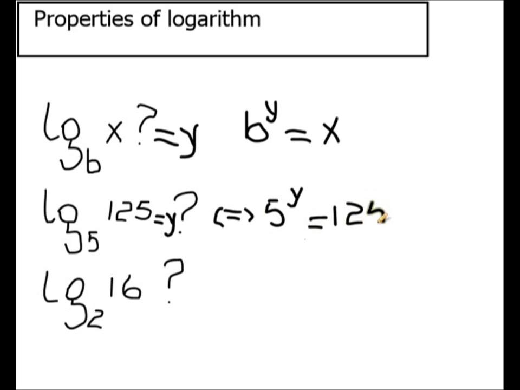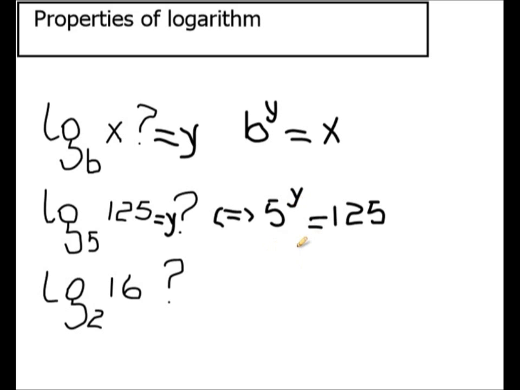So what is the exponent of 5 that will give me 125? You can try 5 times 5, which gives you 25, and 5 times 25 gives you 125.